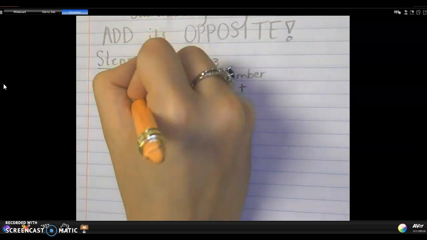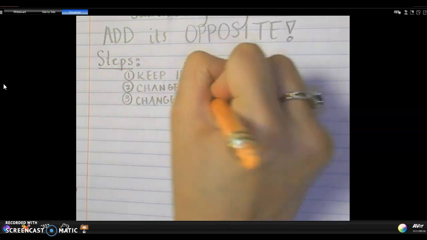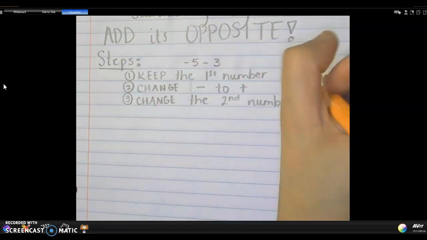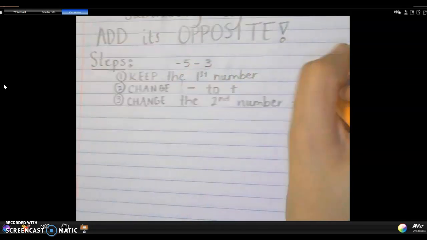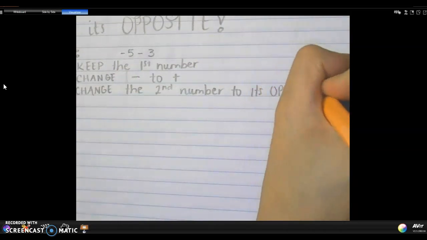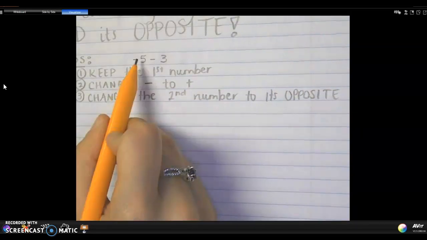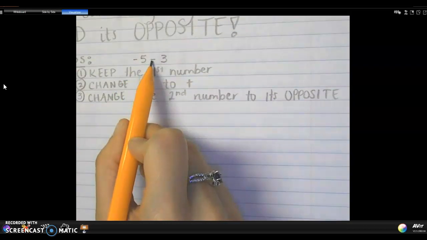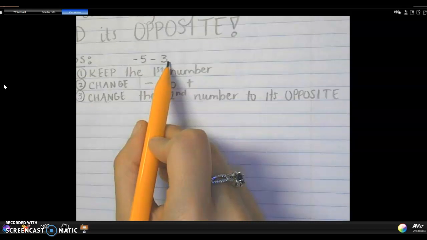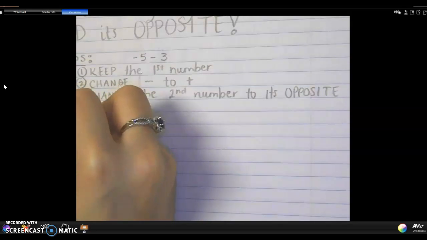Step 3, you're going to change the second number to its opposite. So we're going to keep the first, change subtraction to addition, and then we'll change the second number to its opposite. So now we have an addition problem, which we have talked about this week, and we know how to add integers.